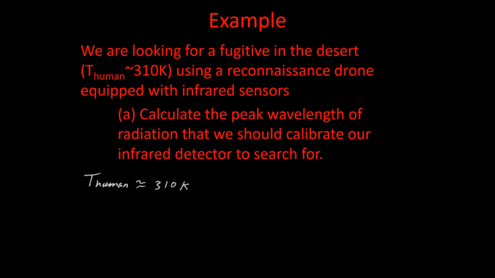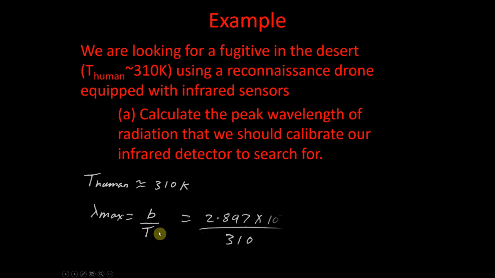Well, we know the human from the question is going to radiate at about 310 Kelvin. We want to know lambda max. So this should lead you to this equation, the maximum wavelength of emission being B over T. Remember, B is a constant, T is the temperature.